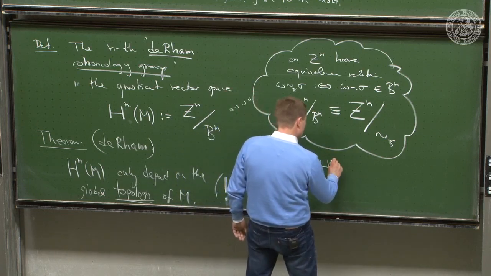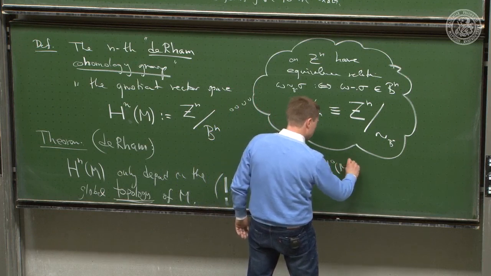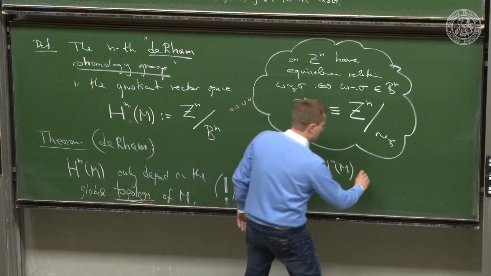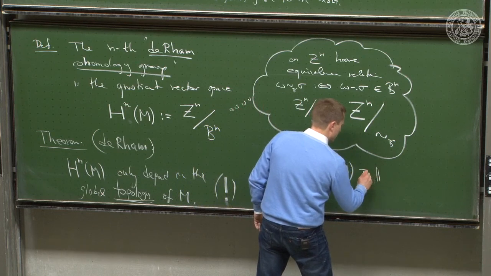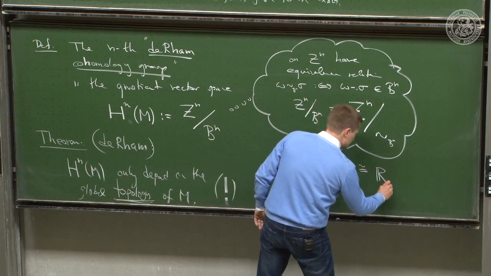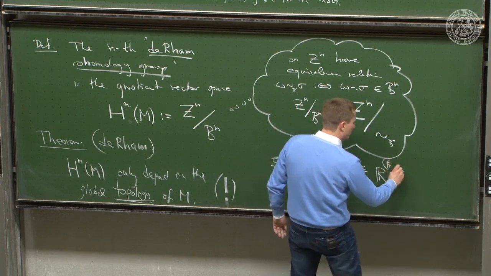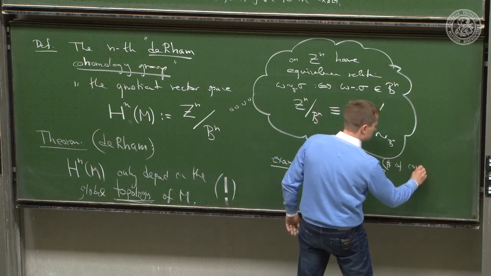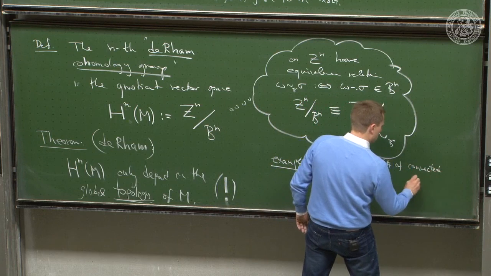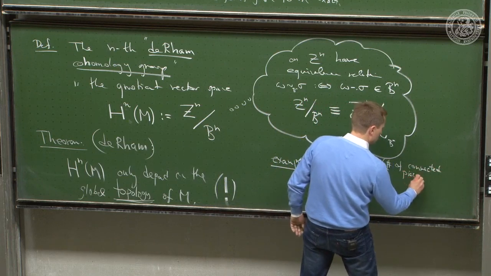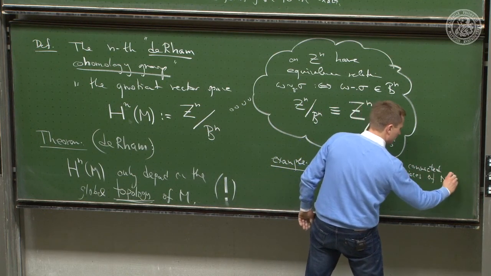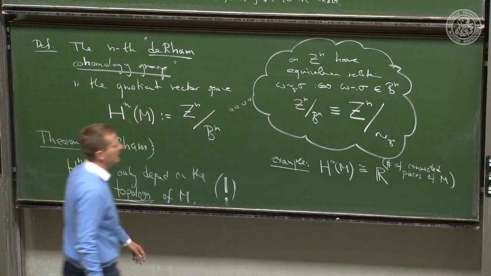The H^0 of some smooth manifold, real manifold, is actually isomorphic to R to the number of connected pieces of M. Okay?